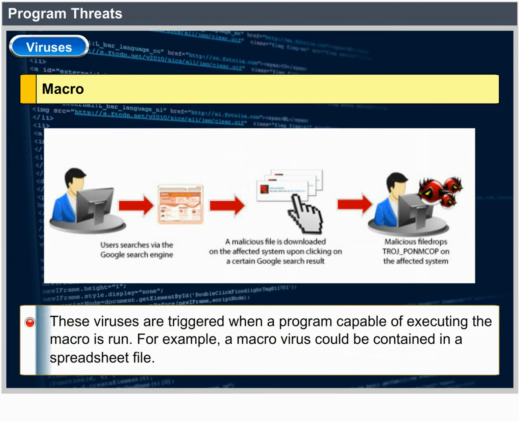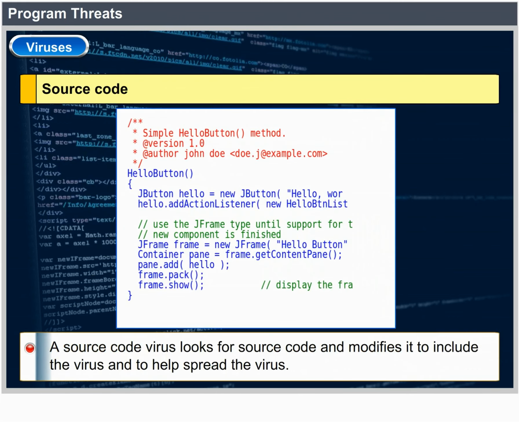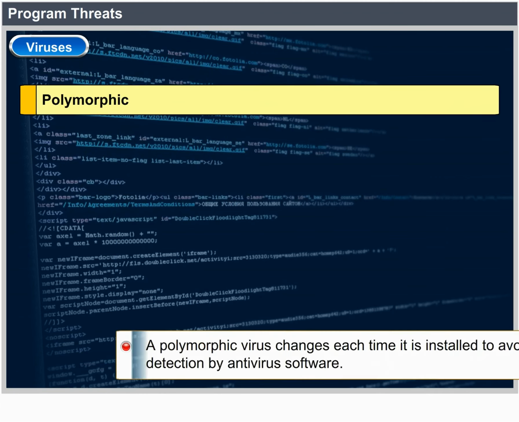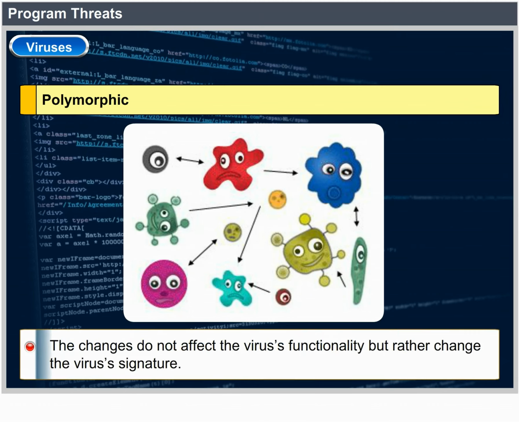Source code. A source code virus looks for source code and modifies it to include the virus and to help spread the virus. Polymorphic. A polymorphic virus changes each time it is installed to avoid detection by antivirus software. The changes do not affect the virus's functionality, but rather change the virus's signature.